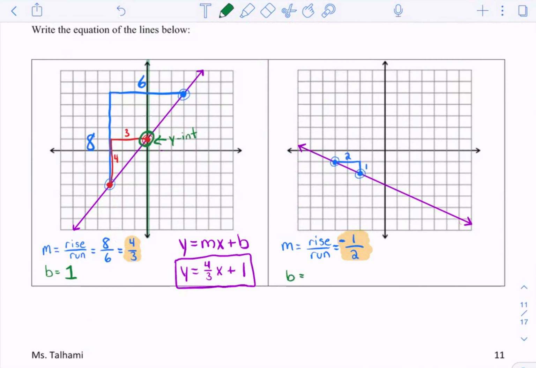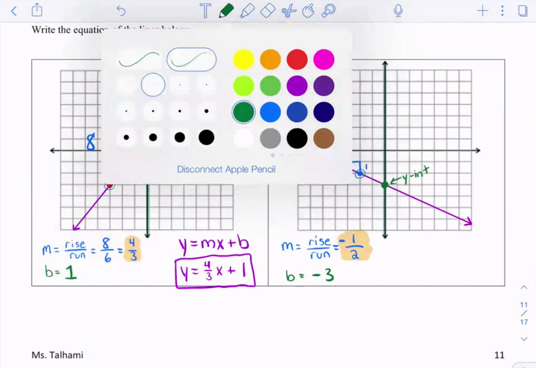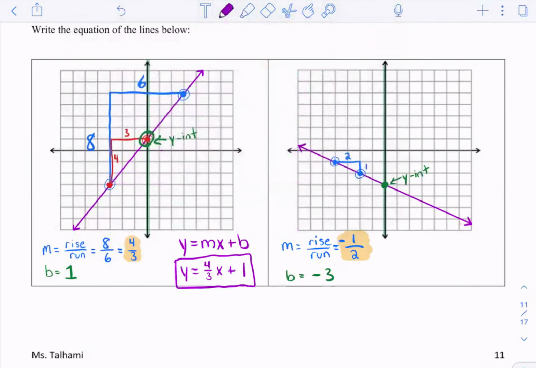Now we ask ourselves, where did this purple line intersect the y-axis? All the way down there at -3. That's our y-intercept, our B. There you have it.